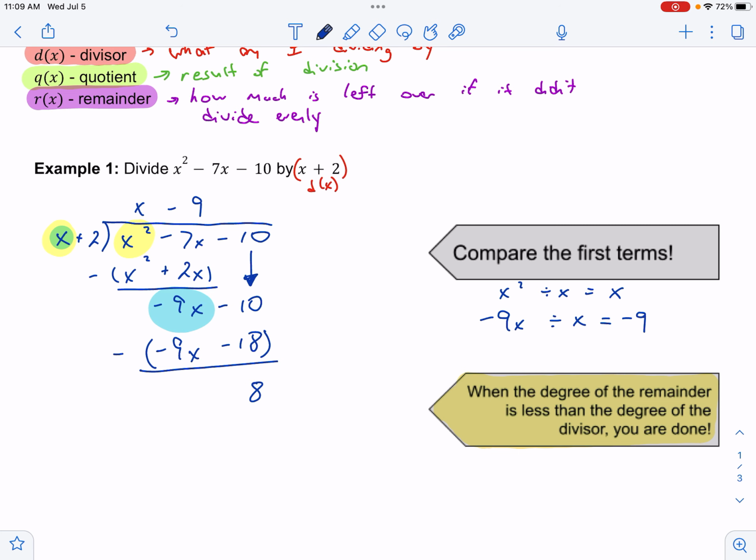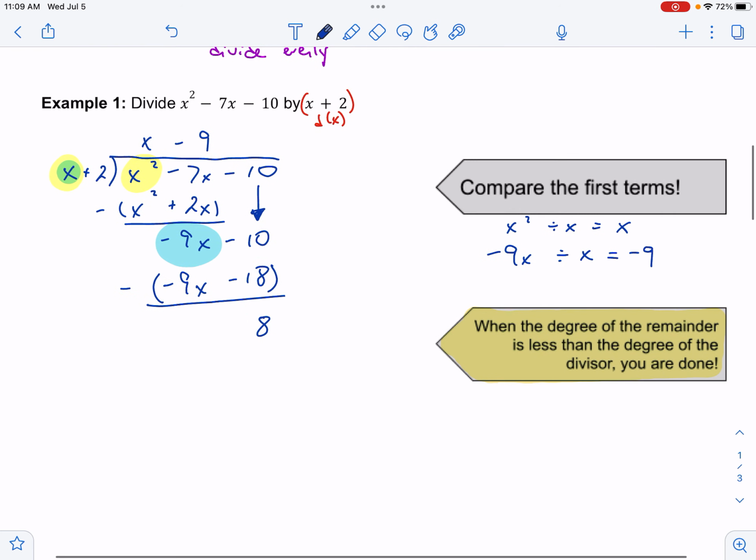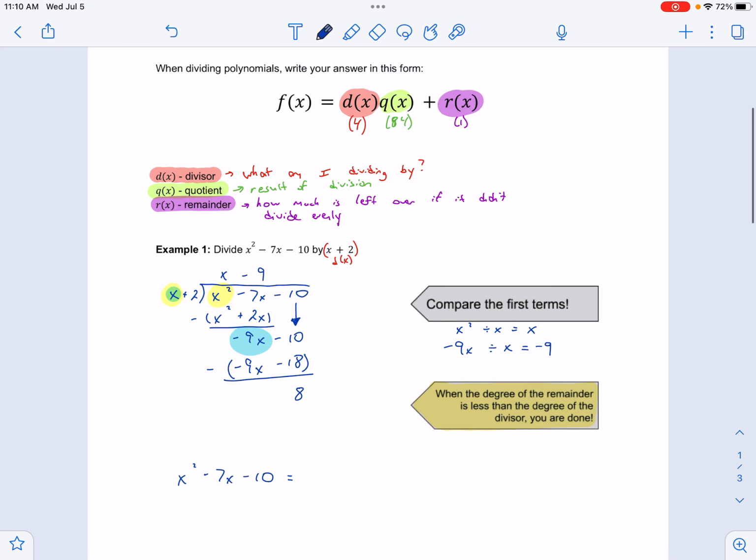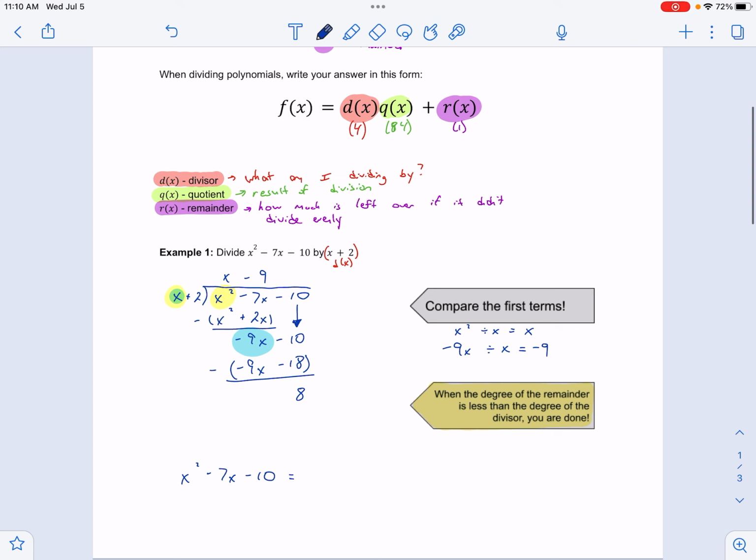If we wanted to write this out, I'm going to start by writing my initial question. X squared, take away 7x, take away 10. And we're going to go back to that format that we saw previously. We start by writing the divisor, and in this case the divisor was x plus 2.